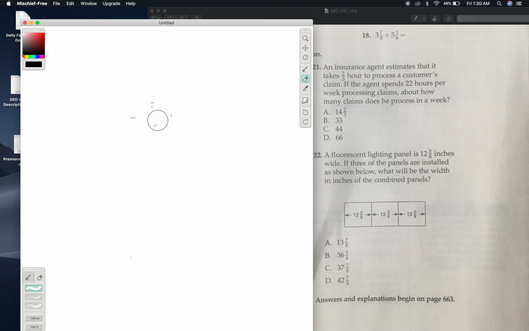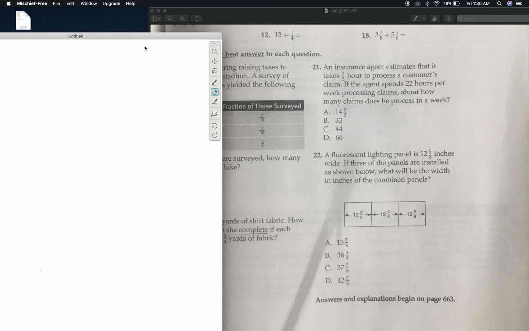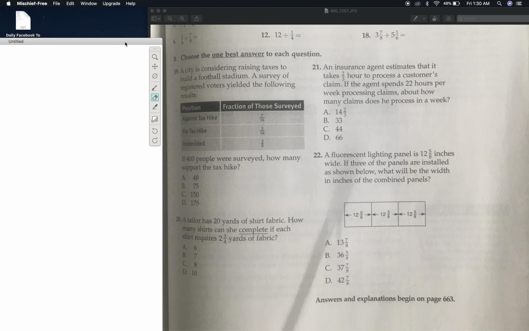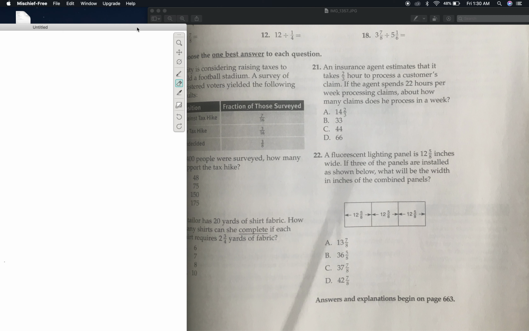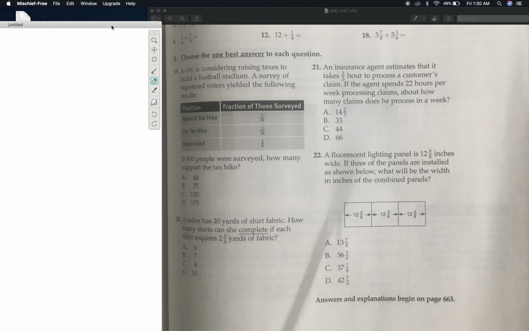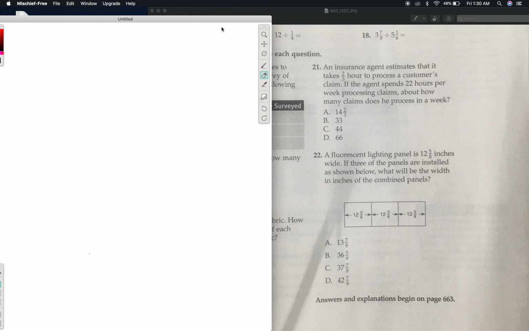Okay. The next question is, a tailor has 20 yards of shirt fabric. How many shirts can she complete if each shirt requires 2 3/4 yards of fabric? So we have 20 yards.